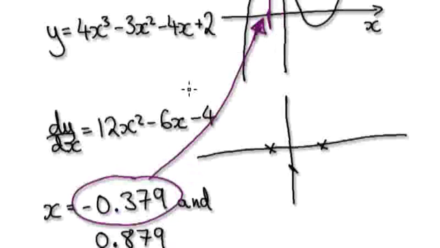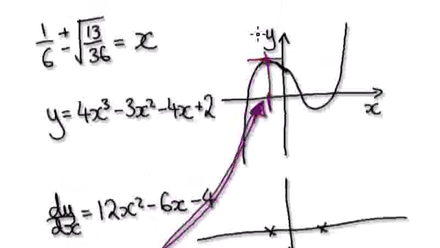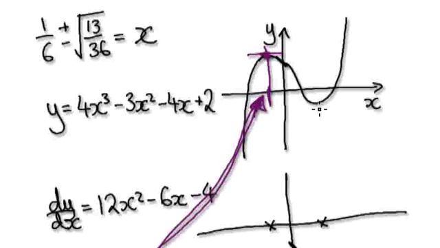So this number here, minus blah blah blah here, it is this bit here, and that bit there is this bit here. Also the gradient is 0 right here.